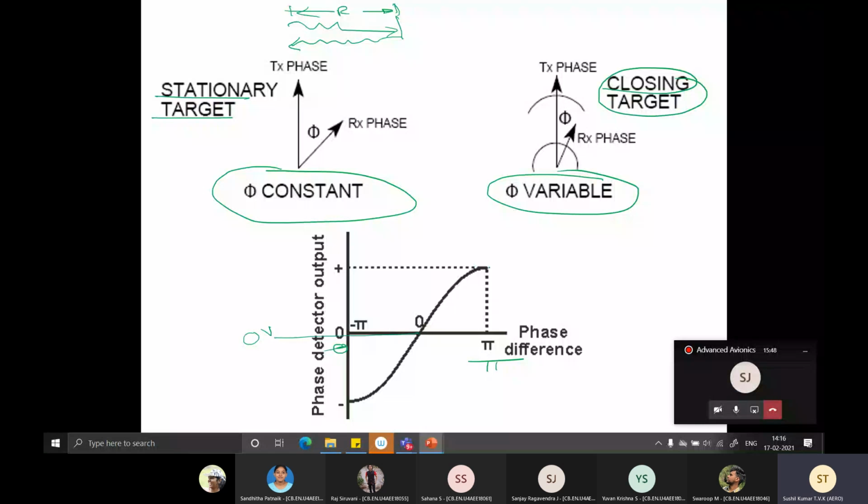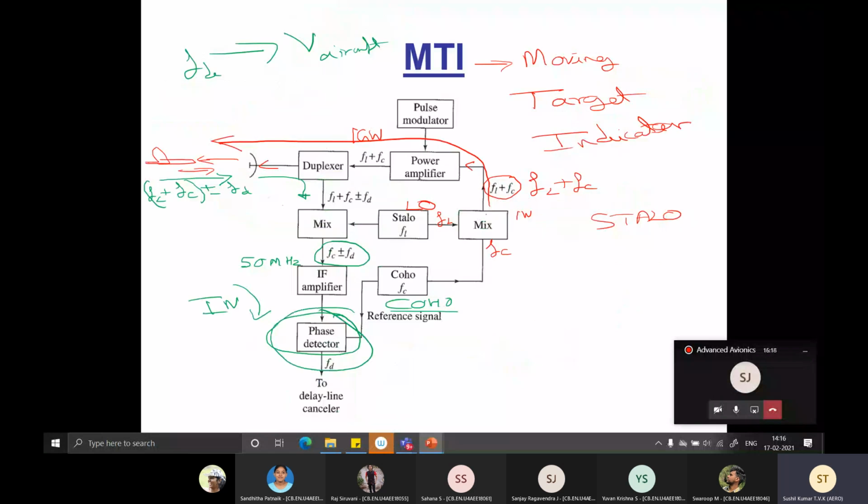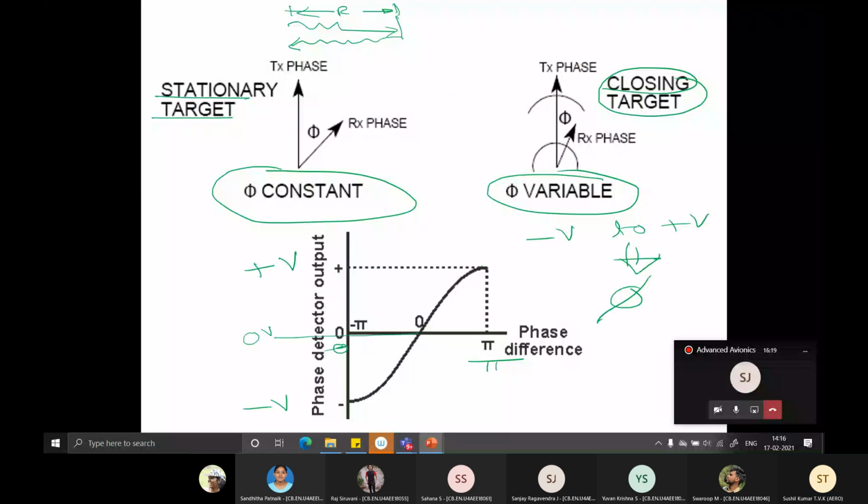At a phase difference of pi, it gives some plus volts. Similarly, if it is minus pi, it gives some minus volts. So the output can vary between minus V to plus V, depending on the phase difference between the incoming and outgoing signal. So this is the function of this box called the phase detector.